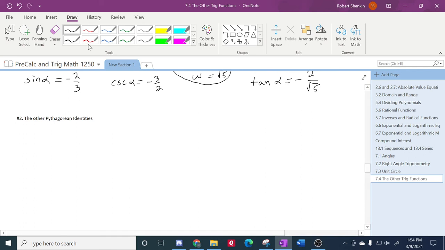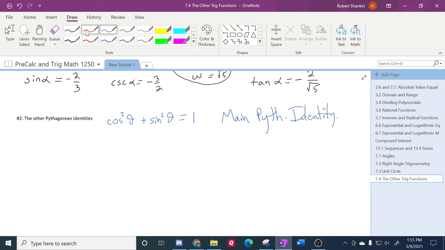All right, so the first one is cosine squared theta plus sine squared theta is equal to 1. What I'm going to do is, this is the main Pythagorean identity.